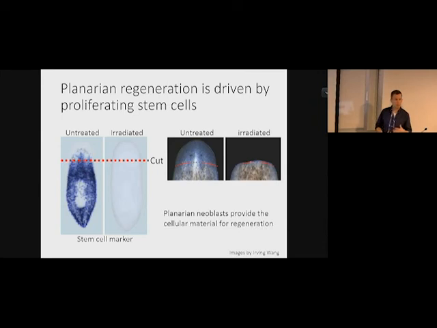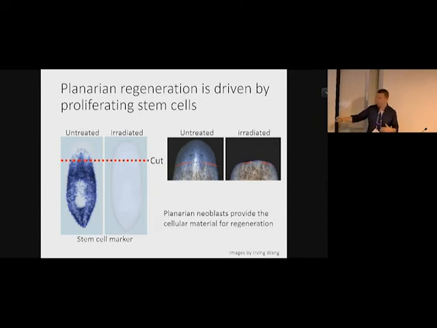But wait a minute, it continues to live, the irradiated one? Oh, the irradiated animal will live for roughly 7 to 20 days, depending on the conditions. It will die once the epidermis starts to break off, because it is continuously maintained by this population of stem cells. So these stem cells are not only responsible for regeneration, they are also responsible for tissue replacement.